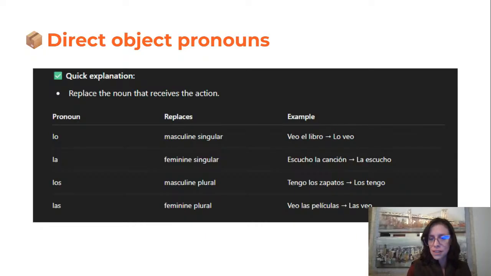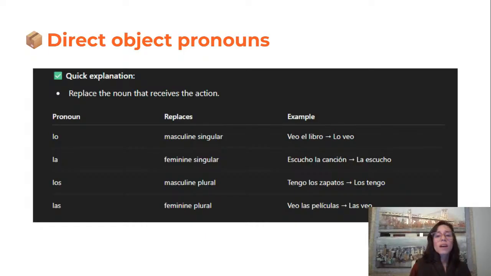What's the difference? In Spanish, we put this direct object pronoun first. We don't say veo lo. No, we will say lo veo. In French, it's the same order. So, lo veo. I see it, backwards.